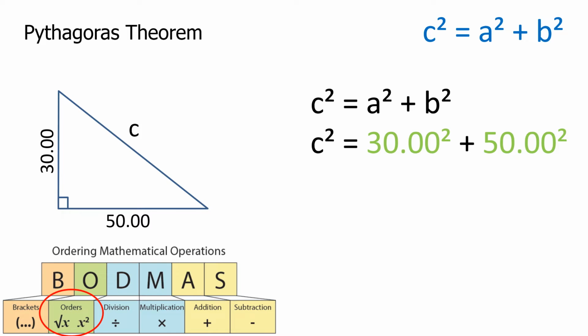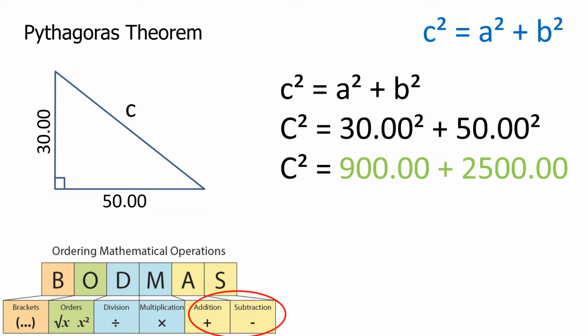So let's highlight in green what we have to do first. And 30 squared needs to be solved first, and 50 squared needs to be solved first. Now we can add the result, which is 900 plus 2,500. Take note of the order of operations.